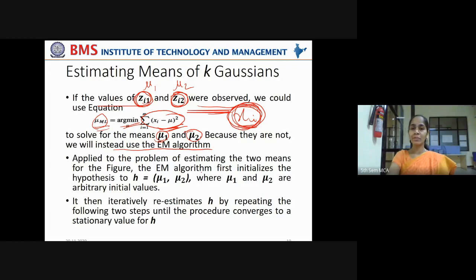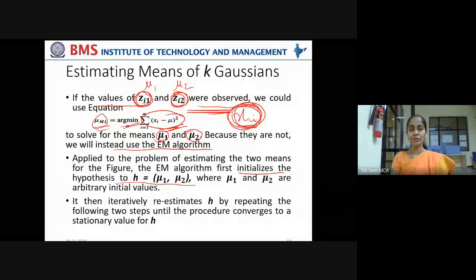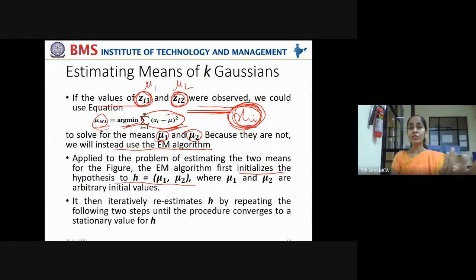The expectation maximization algorithm first initializes the hypothesis to h equal to mu1, mu2. The hypothesis now has two options: the mean of the first distribution and the mean of the second distribution. But you don't know which of these means has the maximum likelihood, which has the highest probability of having generated this sample point xi.